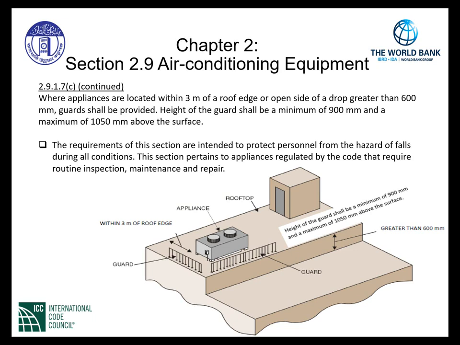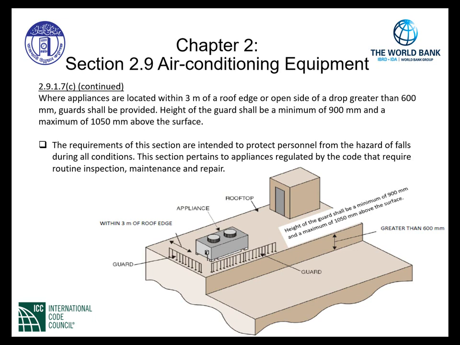This section pertains to appliances regulated by the code that require routine inspection, maintenance, and repair, and also replacement of appliances and equipment accordingly. As seen in the graphic below, we have a rooftop installation.